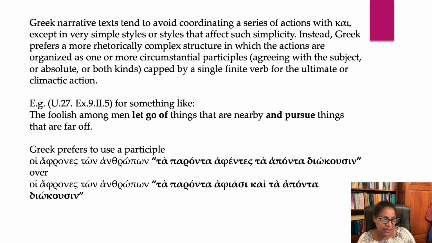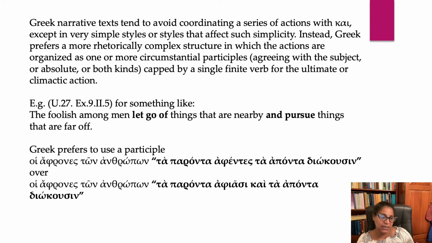So for example, this is in Mastronarde Unit 27, Exercise 9-5. The English is: the foolish among men let go of things that are nearby and pursue things that are far off. We might be tempted to translate that into Greek using two finite verbs, to let go and to pursue.